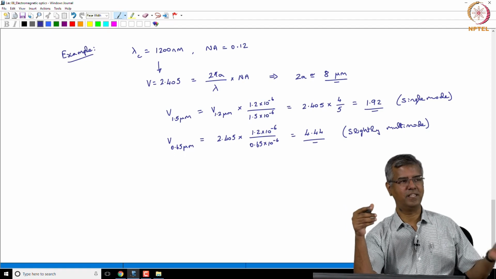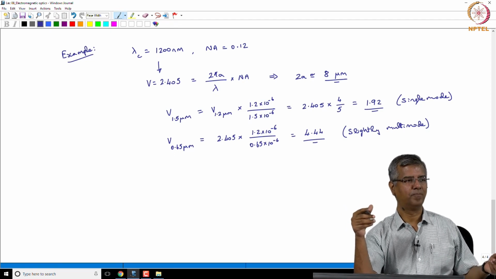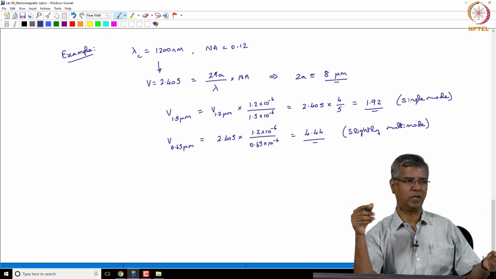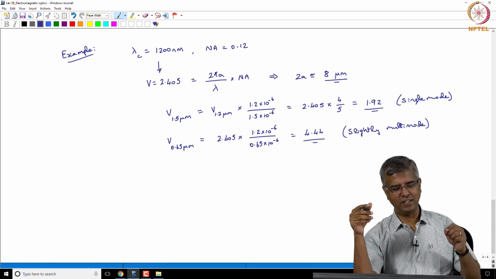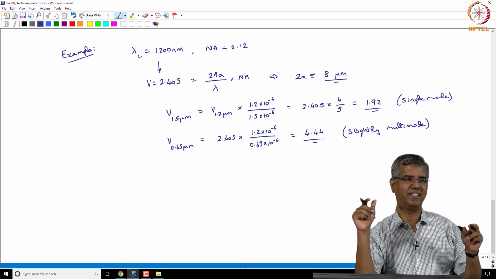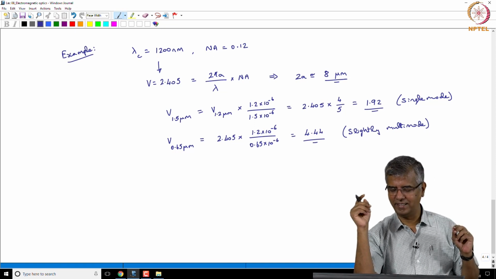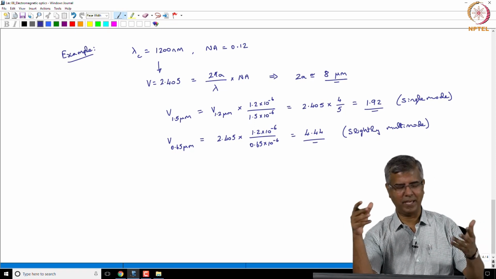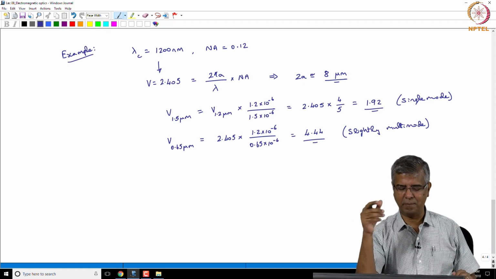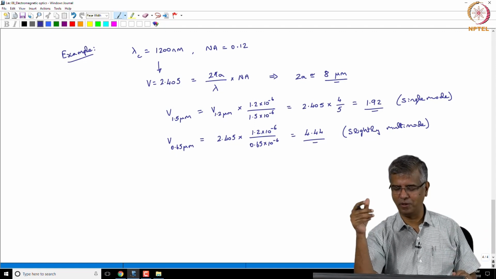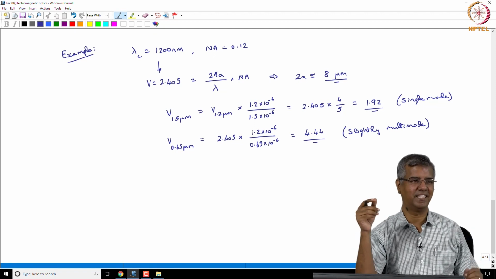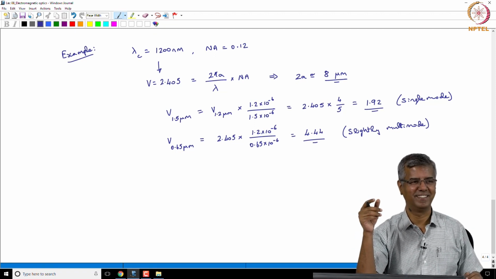So he sells something as single mode fiber, and something as multimode fiber, and then he sells a special fiber, he calls that, which is slightly multimode. And over a period of time, we ended up damaging that fiber, so we were going for replacement, and he was actually charging us a lot of money for that replacement.